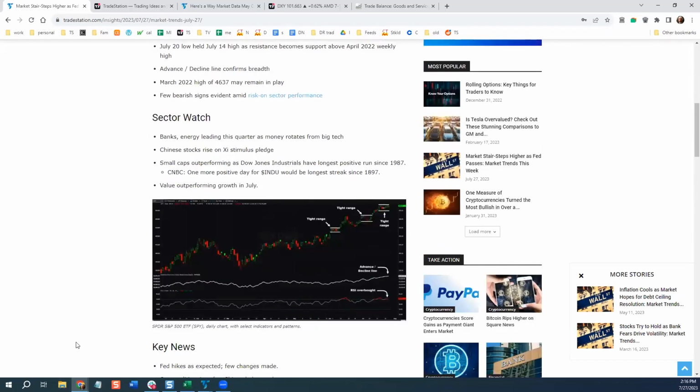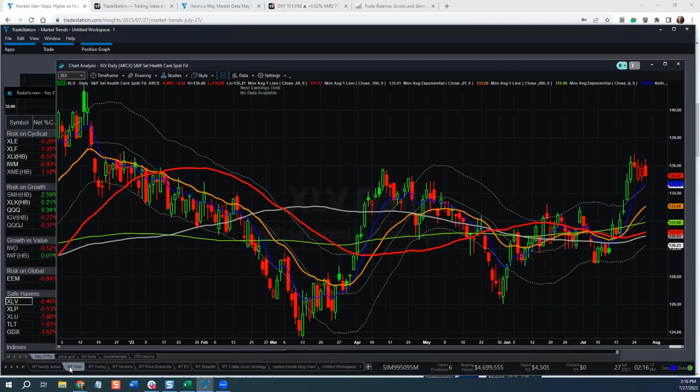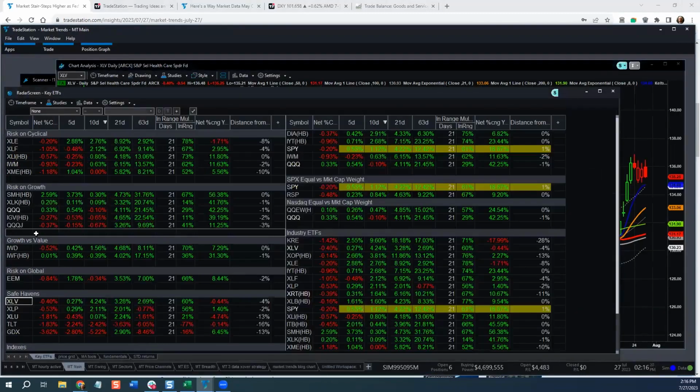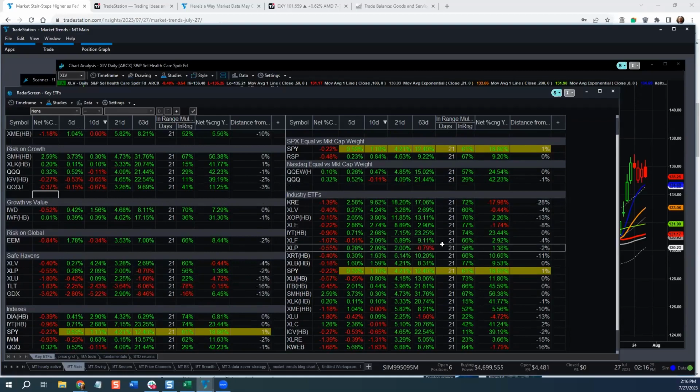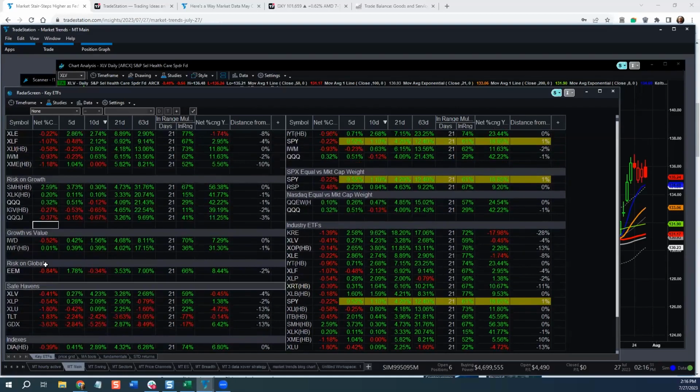I'm just looking now at some of the things that were interesting to me. If we look over on our MT main, this is the measure of value versus growth. We have it here somewhere. This one.